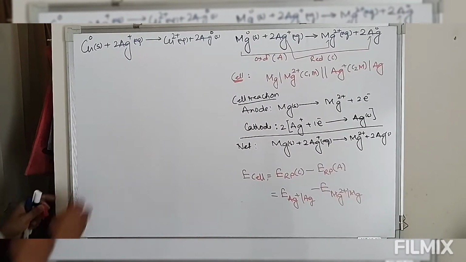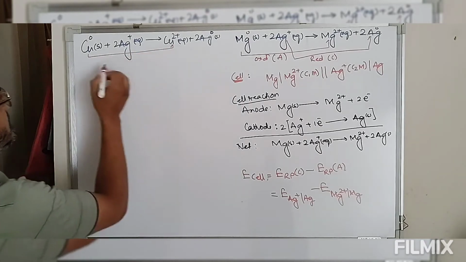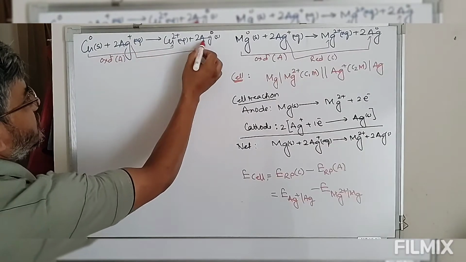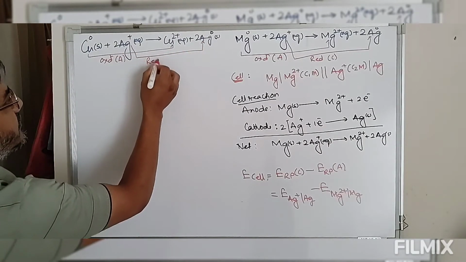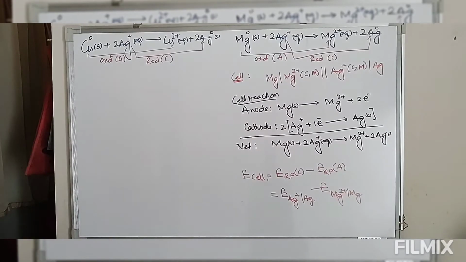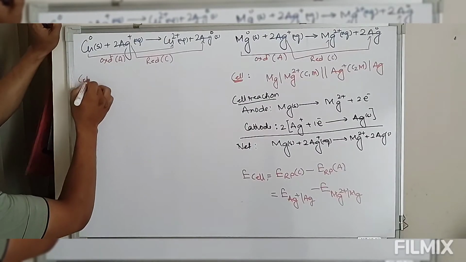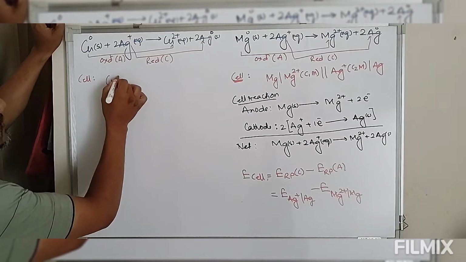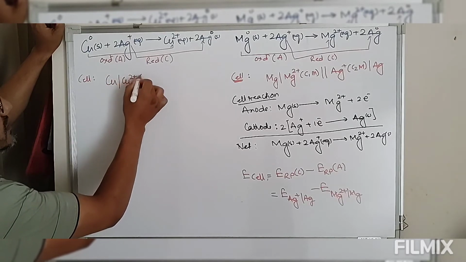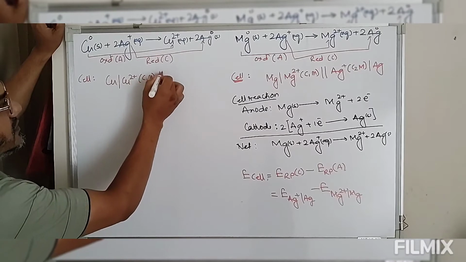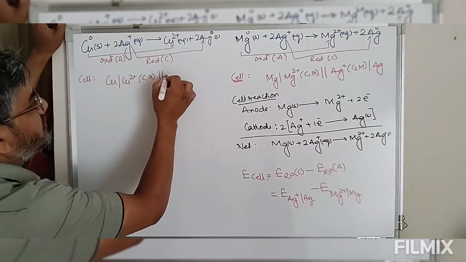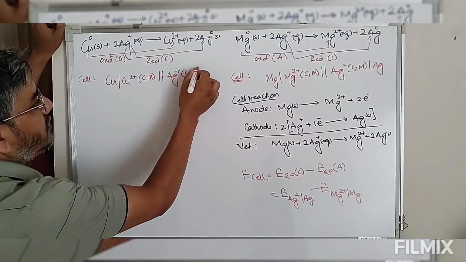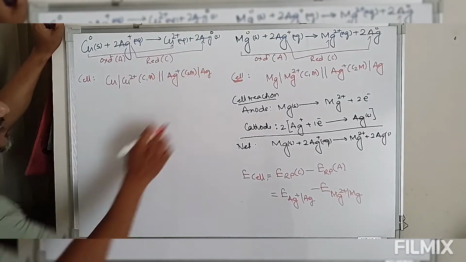So this 0 to plus 2 is oxidation, so this must be anode, plus 1 to 0 is reduction, so reduction must be at cathode. So we have anode and cathode, so we have to write down the cell. Cell is anode, so we have copper in contact with cupric, and suppose concentration is C1 molar, this is salt bridge. Then we have reduction, that is Ag plus, suppose concentration is C2 molar in contact with Ag. So we have this cell.